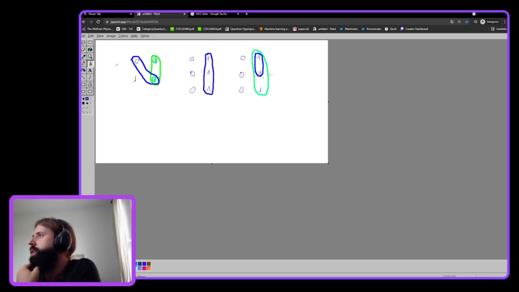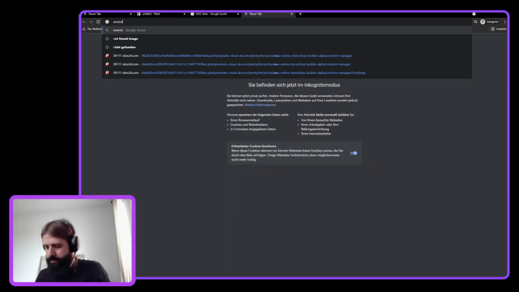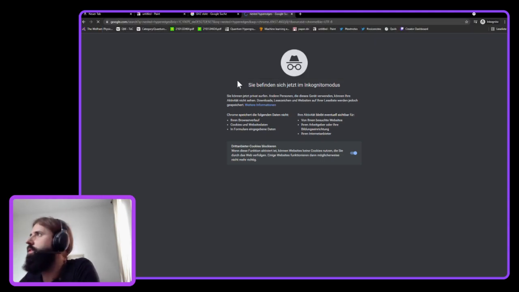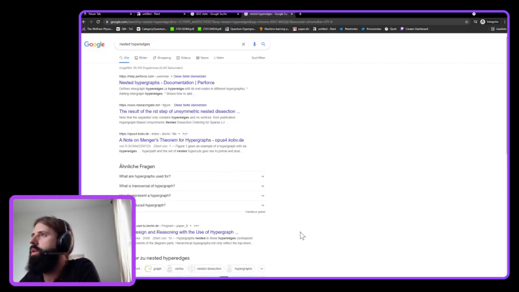Because the hyperedge, by virtue of the way it's defined, these hyperedges happen to be independent and they all relate the nodes, not the hyperedges. Is there anything special about nested hyperedges, nested hypergraphs, hypercats?